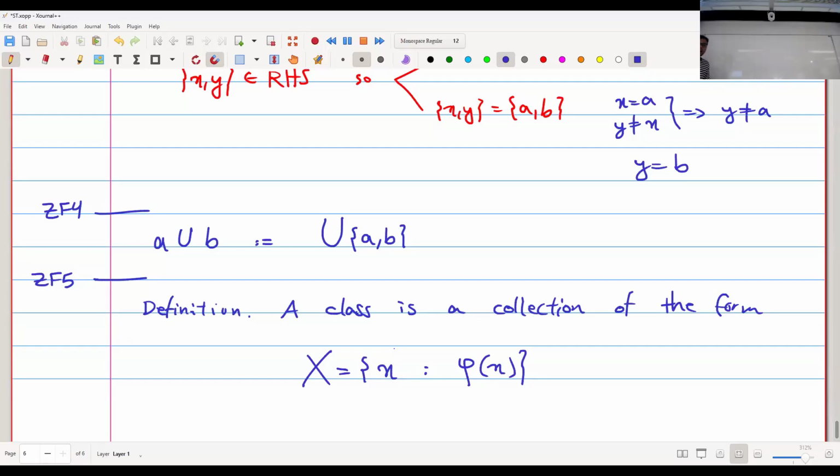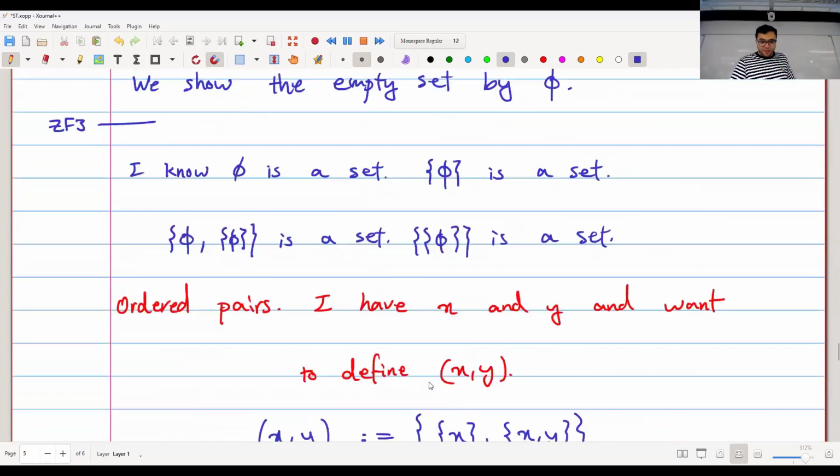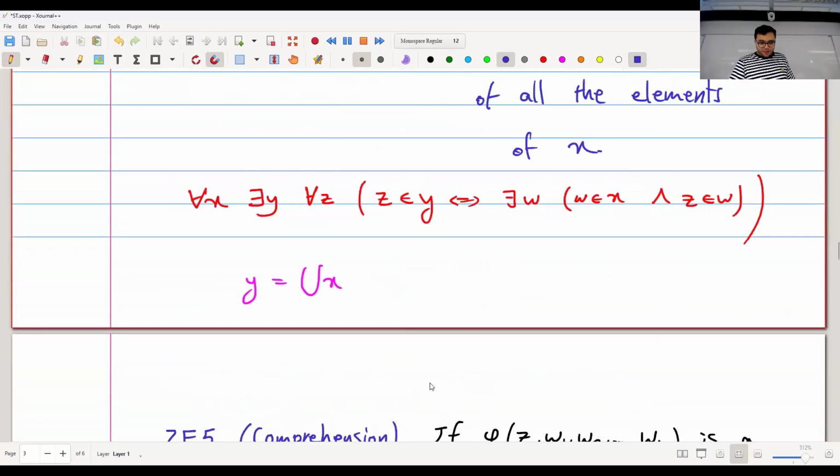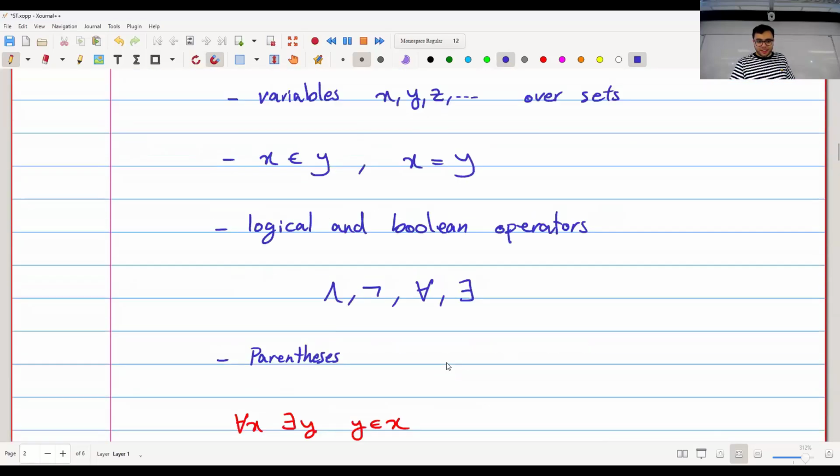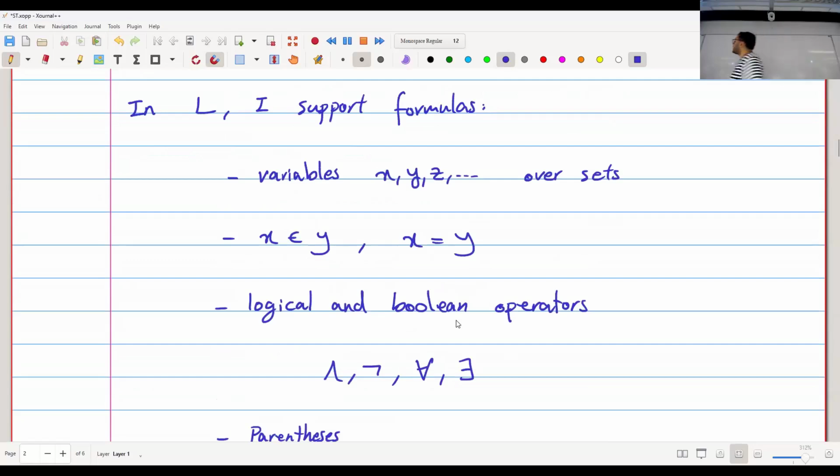Okay. Now, why does this matter? Who cares what I'm calling it? I just proved it doesn't exist, right? Now, I proved that it's not a set. Look, when we were talking about what we can do in our language, we said that we have these symbols: x is in y, x is equal to y.